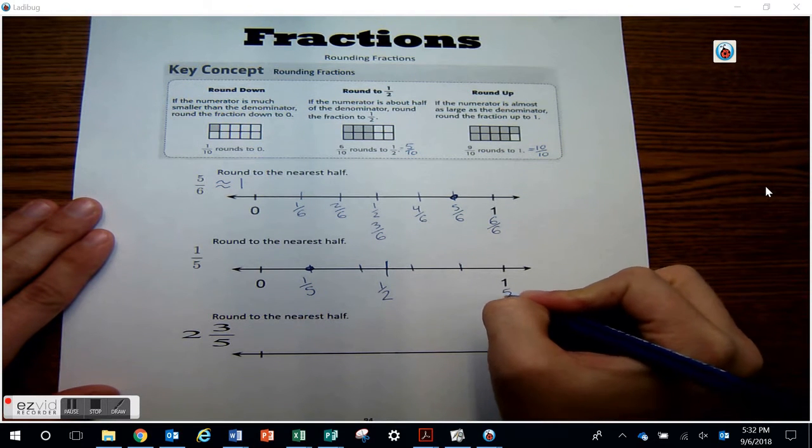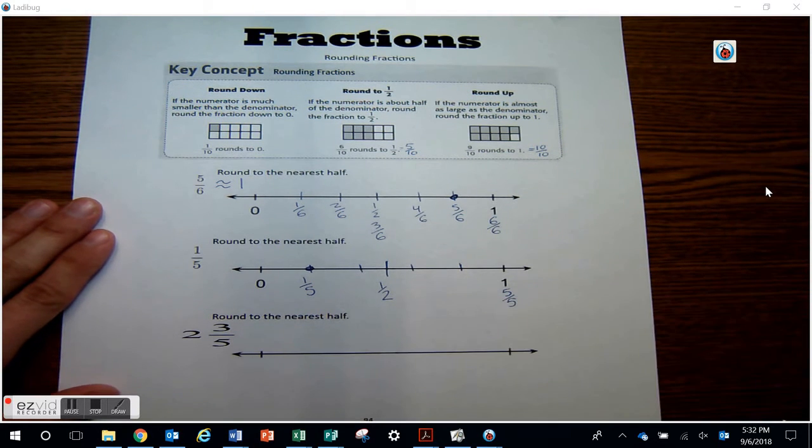If I wanted to put half, it would go right about here, right? That's my 1/2 mark. And I know 1 whole would be 5/5.